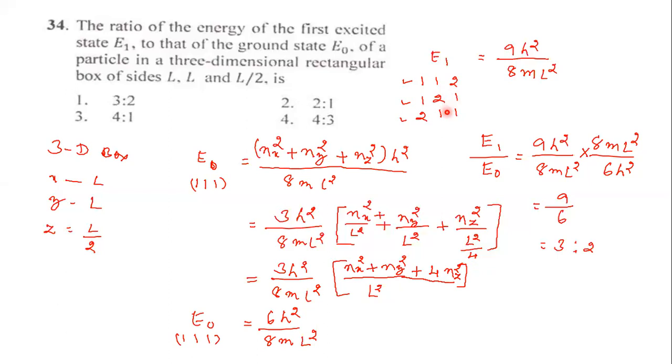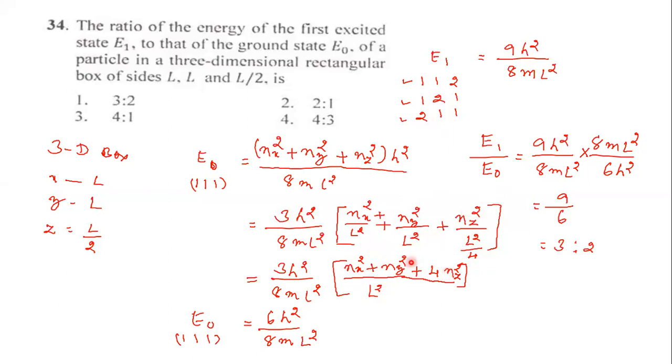So that would become the energy of E1. So we will assign nx is equal to 1, ny is equal to 2, and nz is equal to 1. Then it will become 1 square plus 1 square plus 4 into 1 square. 1 square plus 2 is given to this y, plus 4, 5 plus 4, 9h square.